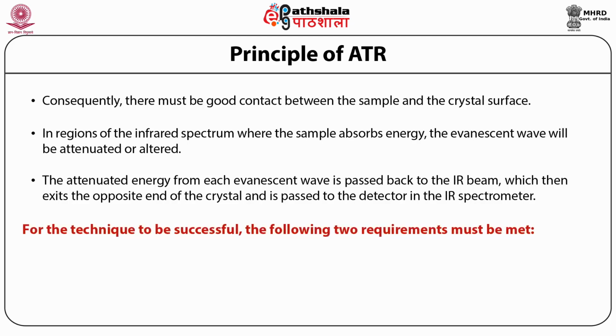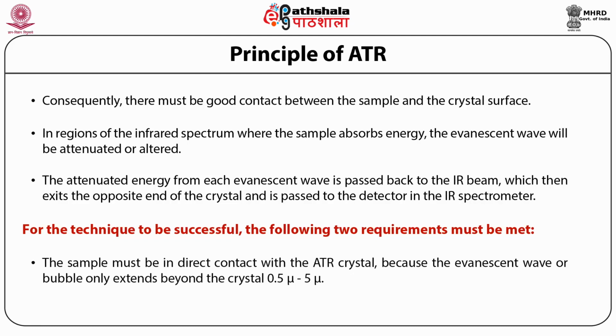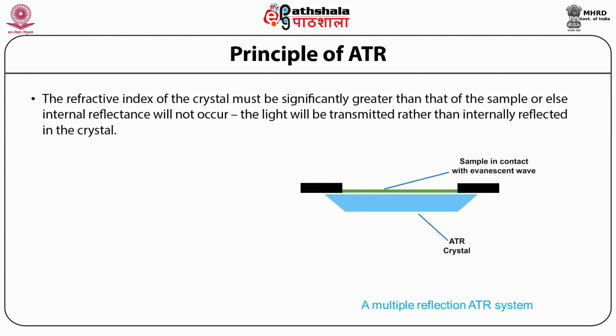For the technique to be successful, the following two requirements must be met. The sample must be in direct contact with the ATR crystal, because the evanescent wave or bubble only extends beyond the crystal 0.5 micron to 5 micron. The refractive index of the crystal must be significantly greater than that of the sample, or else internal reflectance will not occur.